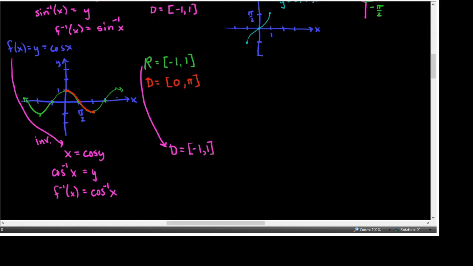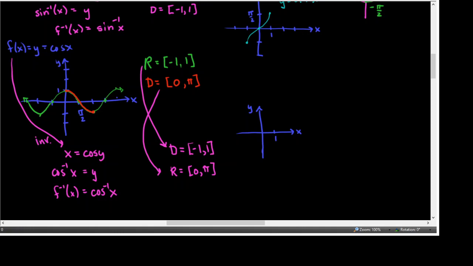And because the domain that we decided to keep went from 0 to pi, that means that the range will be from 0 to pi. I said 0 to 1, I meant 0 to pi. So, looking at the graph of inverse cosine, so we're going to mark the x-axis by 1s.